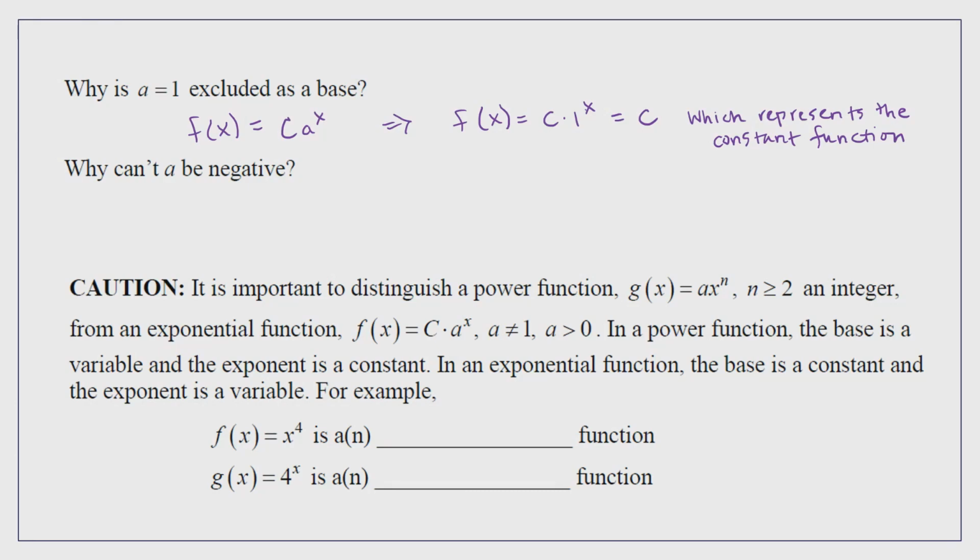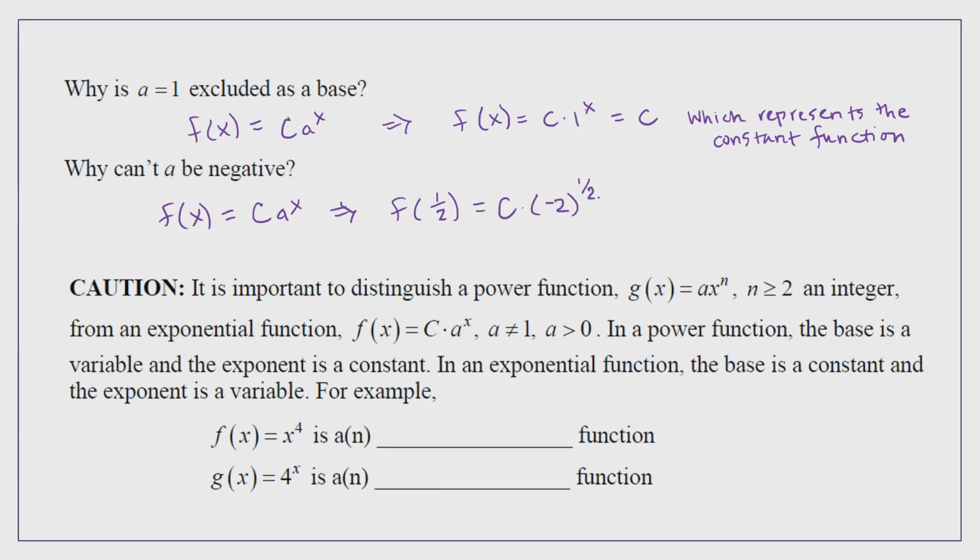Why can't a be negative? Well, let's say we use -2. Say our exponential function, we'll evaluate it at 1/2, where a is -2.